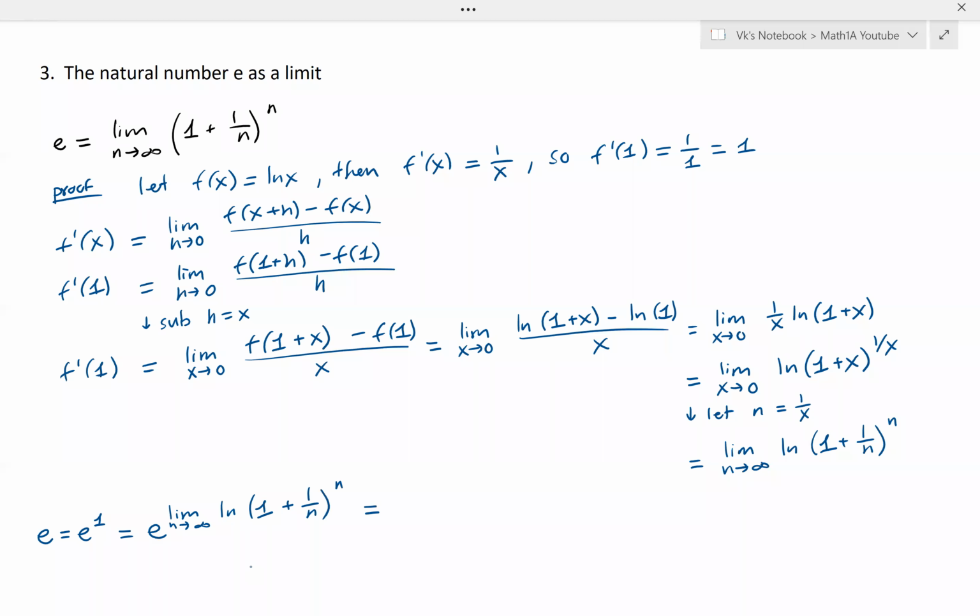And then we use the property of limits, or the limit law. Well, you can take the limit as n goes to infinity of e to the ln of (1 plus 1 over n) to the power n, and e and ln cancel out, so this is the limit as n goes to infinity of (1 plus 1 over n) to the power n.